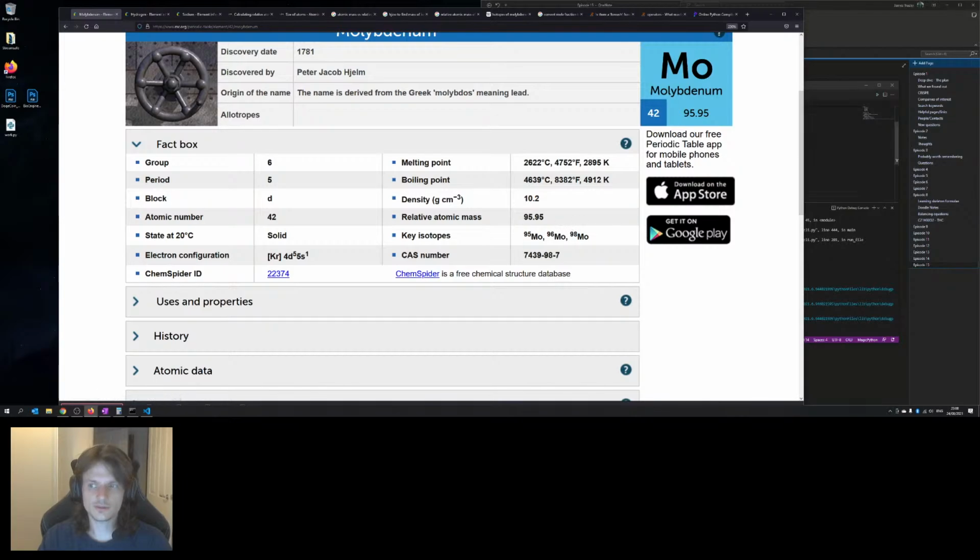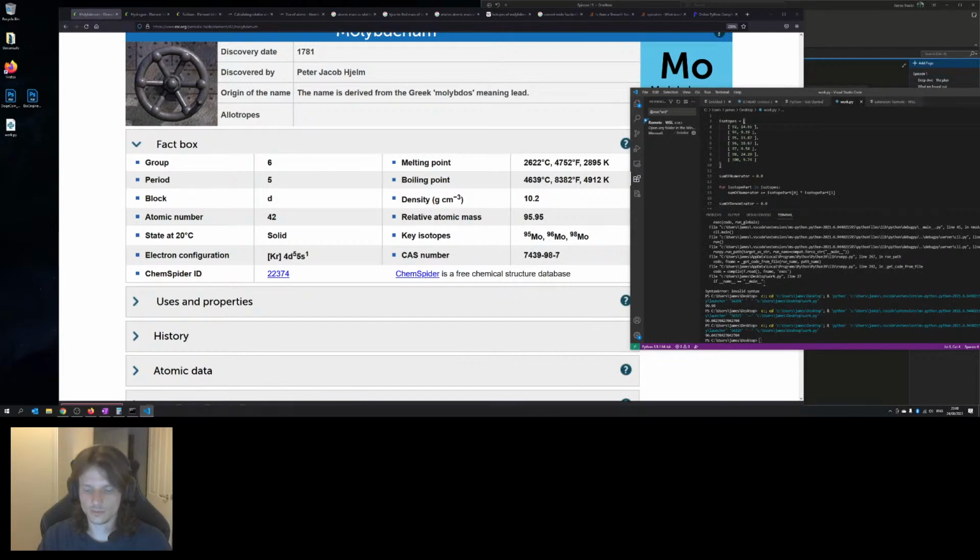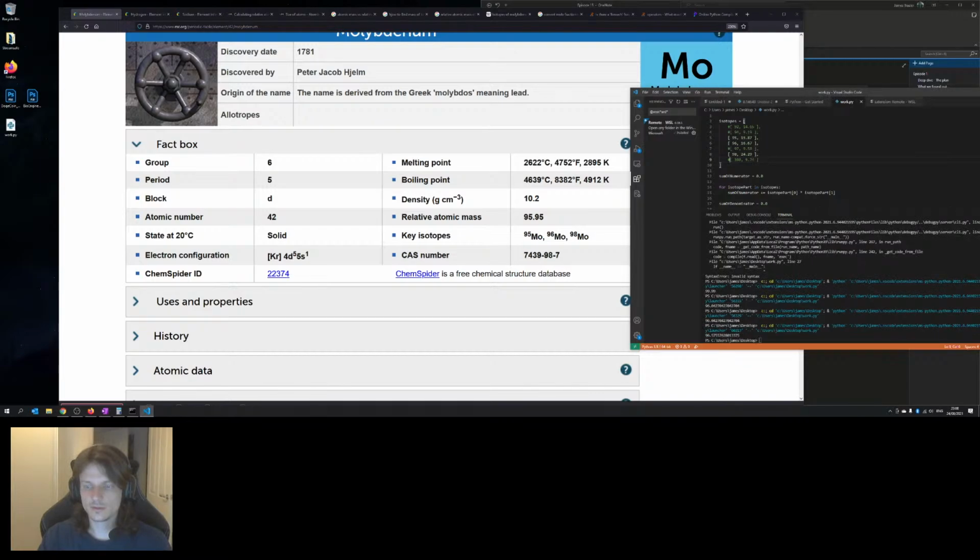Key isotopes. So if I were to just do those key isotopes, what happens? I wonder. I think we already did this, didn't we? So 96.57. I'm about one out.